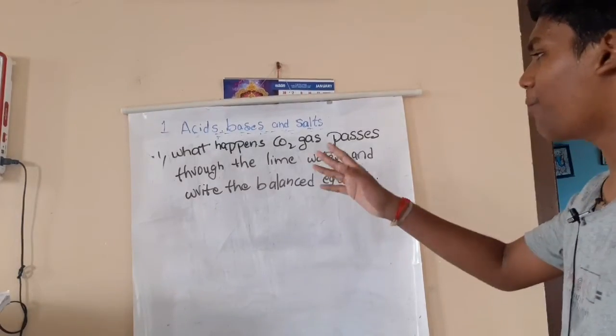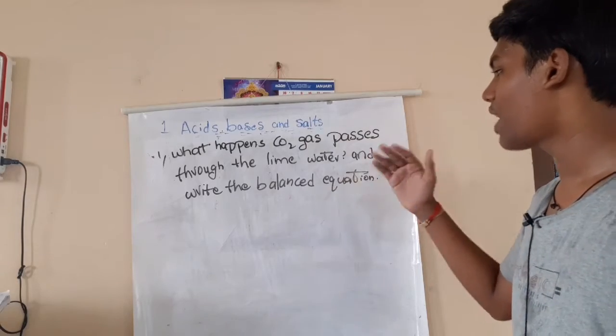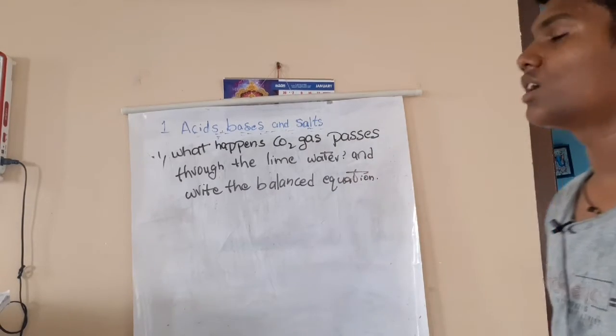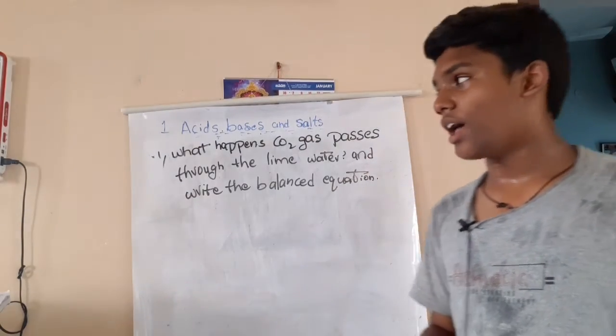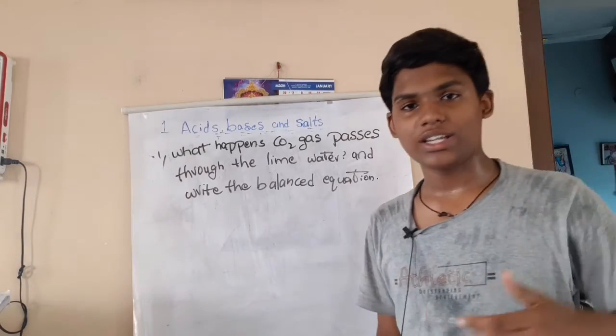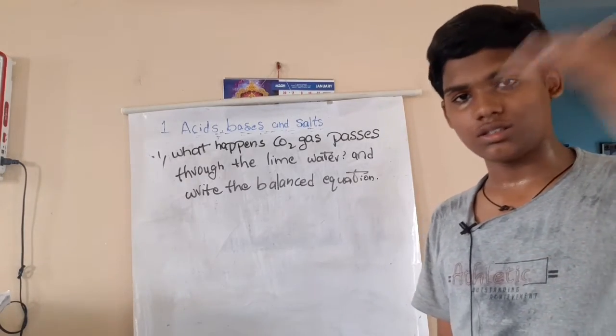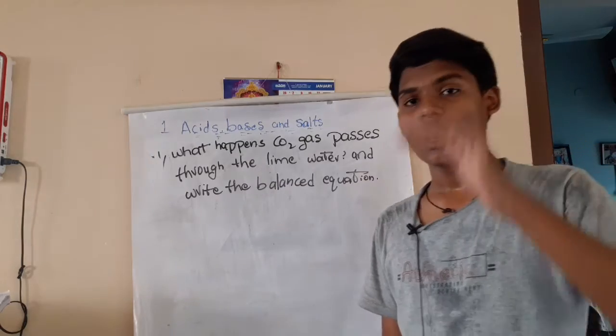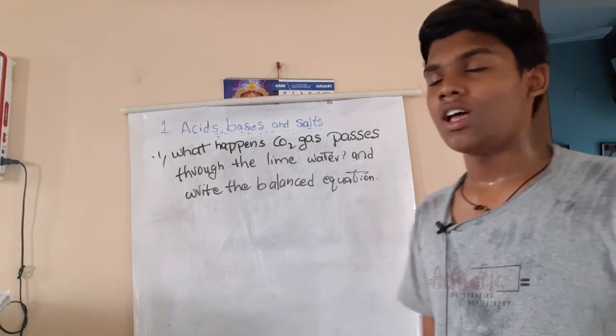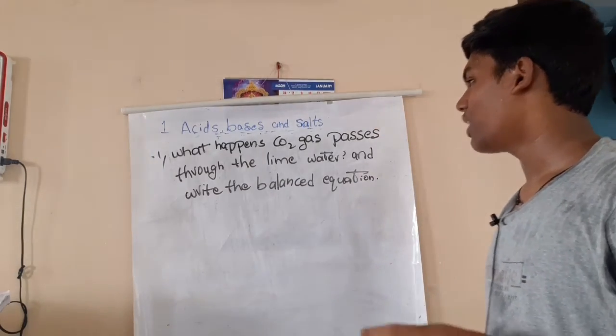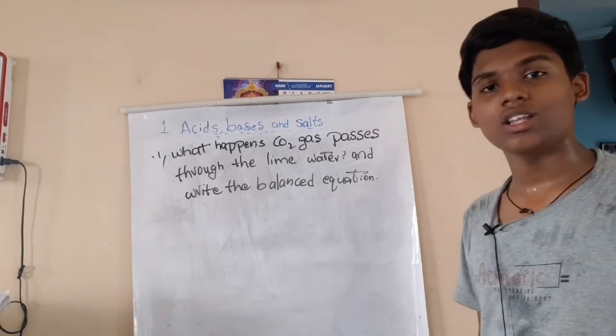First one: what happens when CO2 gas passes through lime water? Write the balanced equation. I already said that carbon dioxide gas is released and passes through the delivery tube and reacts with the lime water. After that, what is formed in the lime water?